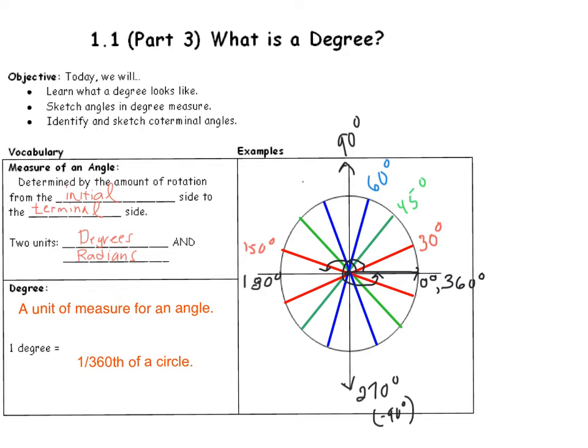This guy here has to be 120. And then if I add 15 to that, I get my 135. So we've now done quadrant 1 and quadrant 2.